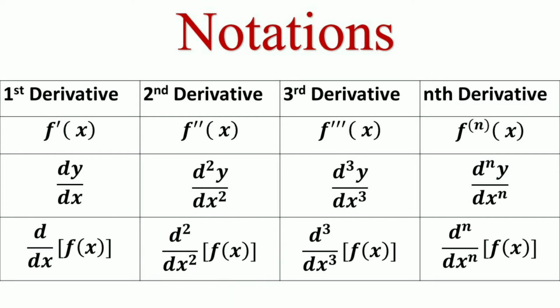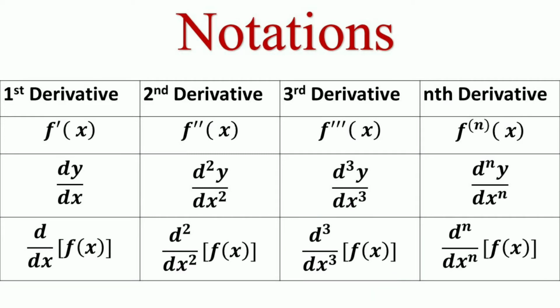For the third order derivative, we write f triple prime of x, or the third derivative of f of x, or d cube y by dx cube, or d cube dx cube of f of x.